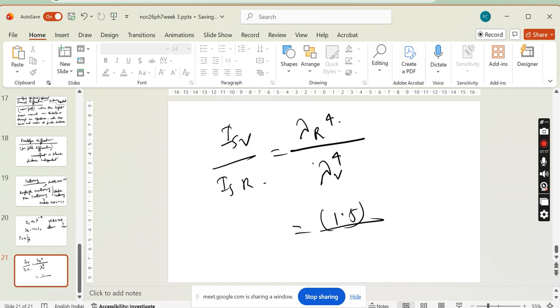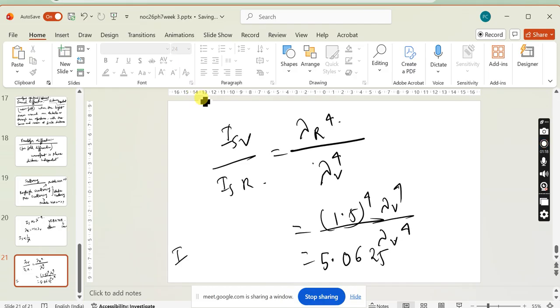That is 1.5 to the power 4, which is basically 5.0625.